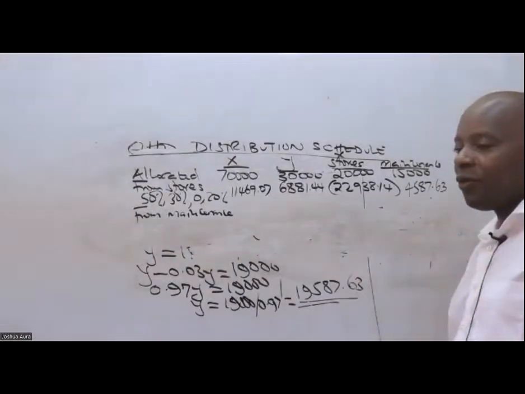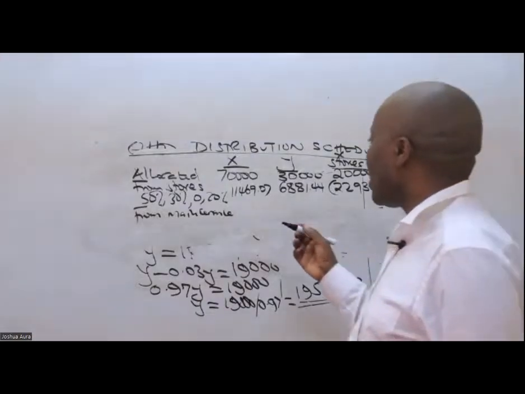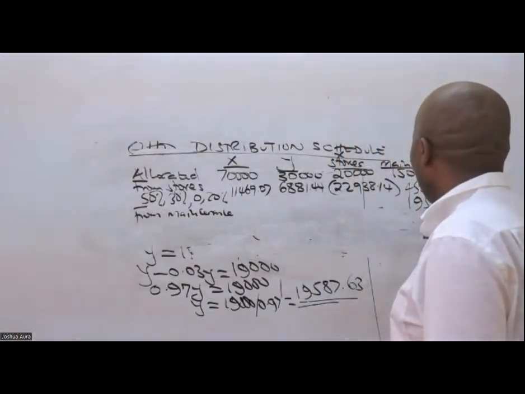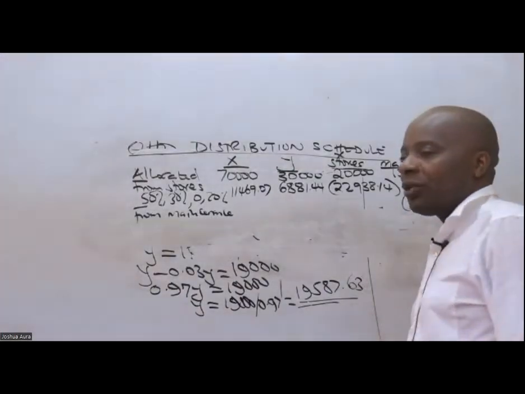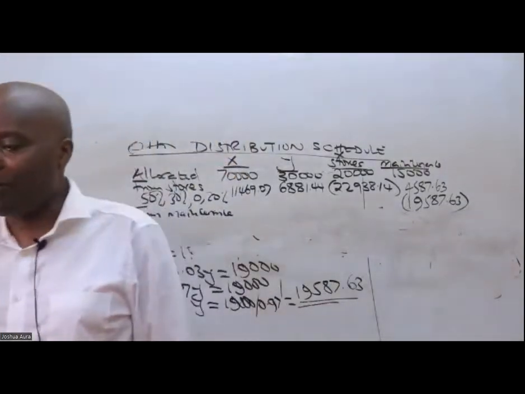So from maintenance, we are subtracting 19,587.63.